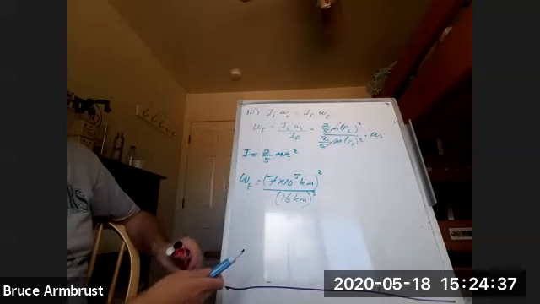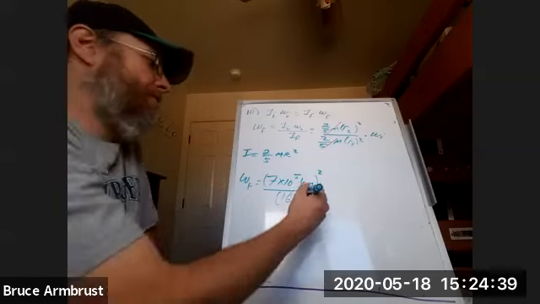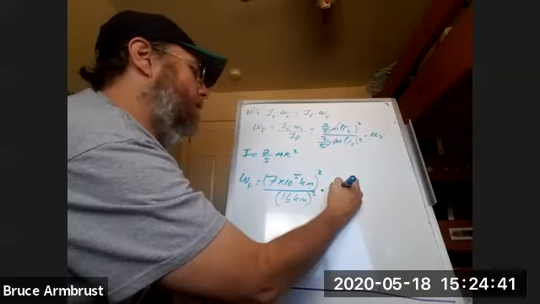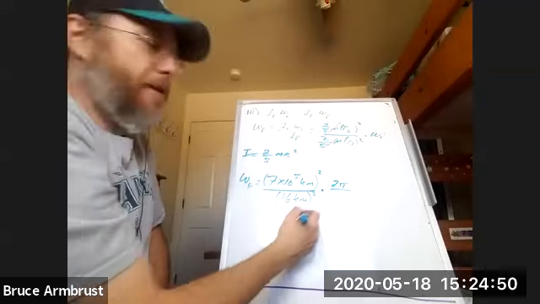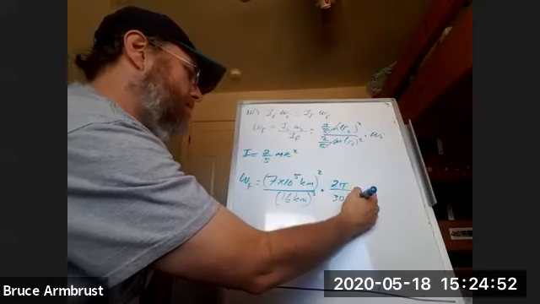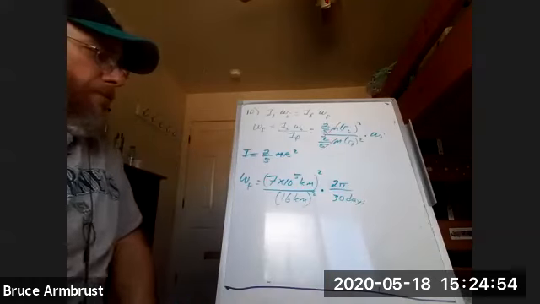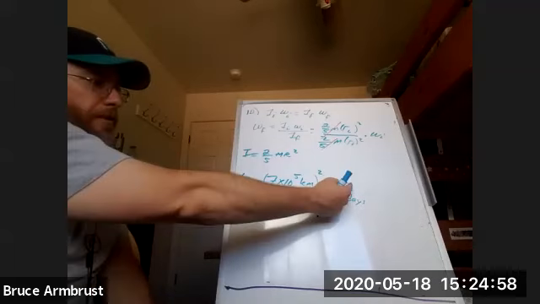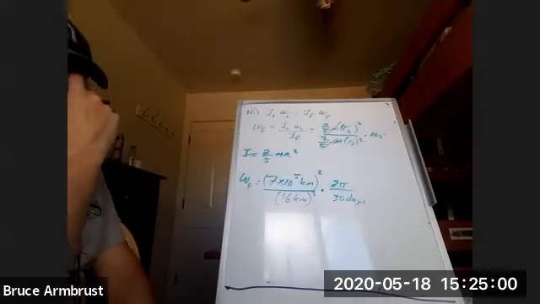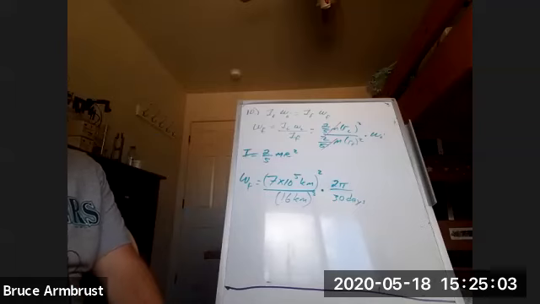Okay, so we got that, and then we need our omega initial. Well, our initial omega does 2 pi in 30 days. So I'm going to go ahead and do it as radians per time period. If you went with revolutions, that's fine as well.